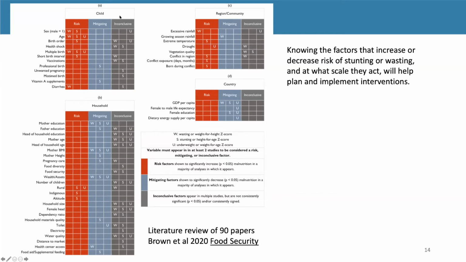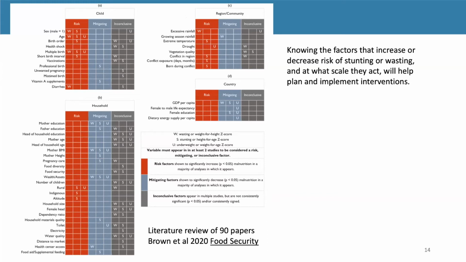And finally, you can see here at the region community level are estimates of drought from rainfall and temperature, and vegetation index. We cannot relate these directly to the individual child because they are too general, too regional in their impact.